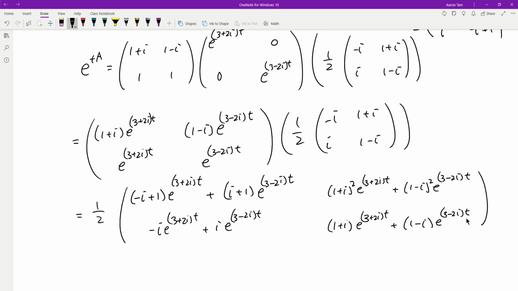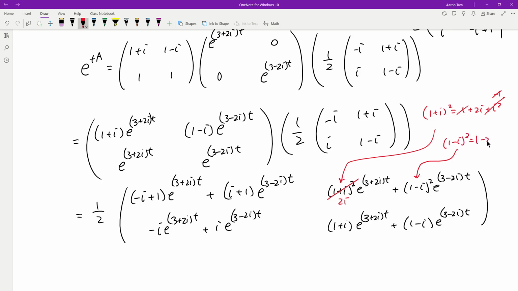So the tricky part is figuring out what 1 plus i squared and 1 minus i squared are, and that's actually interesting. I'm going to try to do this right here. So 1 plus i squared would come out to be 1 plus 2i plus i squared, but i squared is negative 1 and therefore cancels with the 1. And so this comes out to be 2i. You might be able to guess what this one comes out to be, but it shouldn't be too hard to verify.